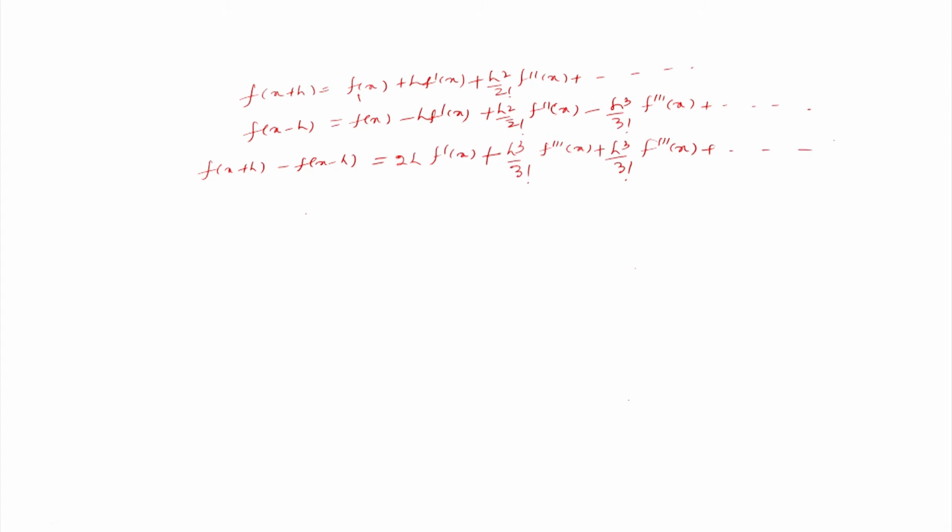Dividing by 2h, f of x plus h minus f of x minus h by 2h equals f dash x plus h cube by 2h into 3 factorial f triple dash of x; since this term is repeated twice, we consider it as twice, plus all other terms.